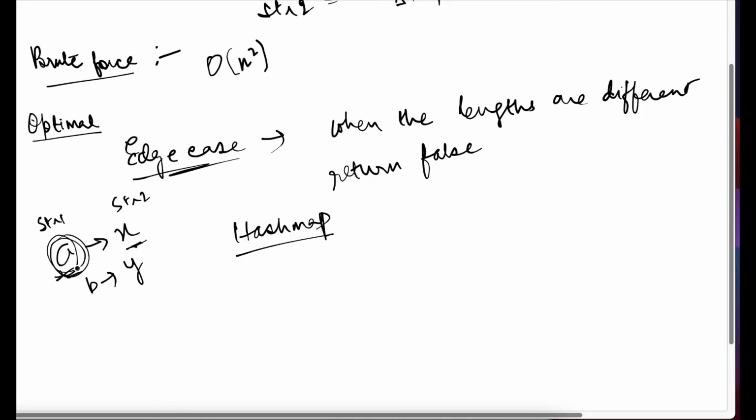Because if a certain key, a character of str1, has the corresponding value of str2, then we are good with the one-to-one mapping. So we'll simply add it to the hash map.